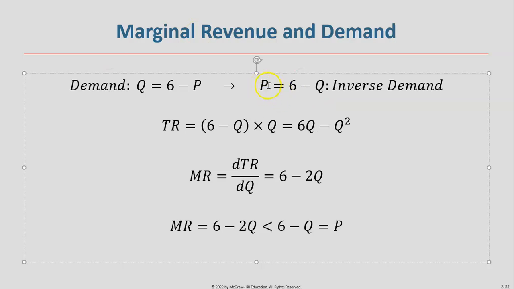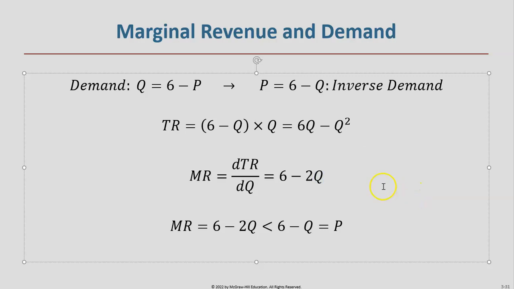Okay, so if we take the right-hand side of price, 6 minus Q, and multiply that by quantity, we have a mathematical expression for total revenue. And multiplying quantity through, that's equal to 6Q minus Q squared. So the marginal revenue is the first derivative of the total revenue function. And if we just use the product rule, which we talked about in chapter 1, then that's equal to 6 minus 2Q.